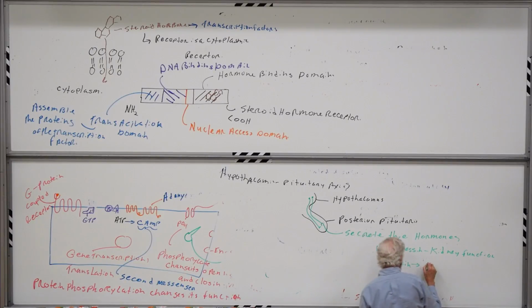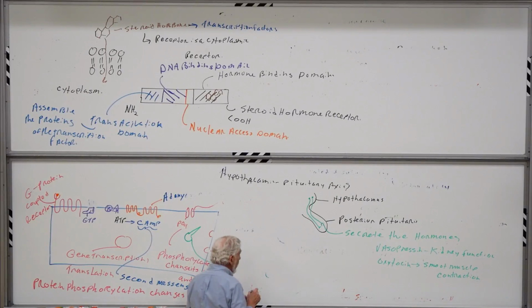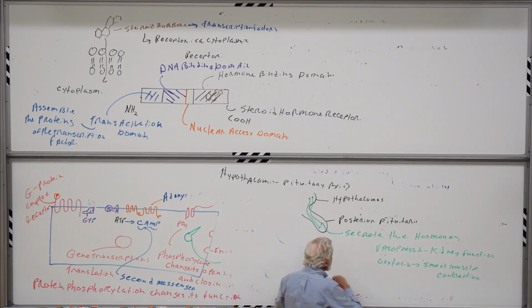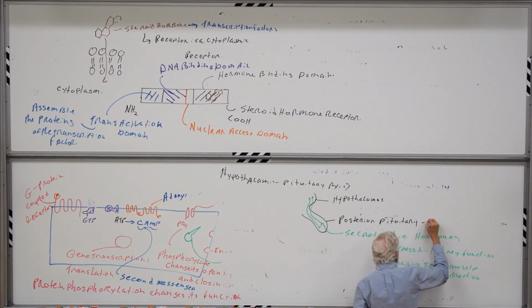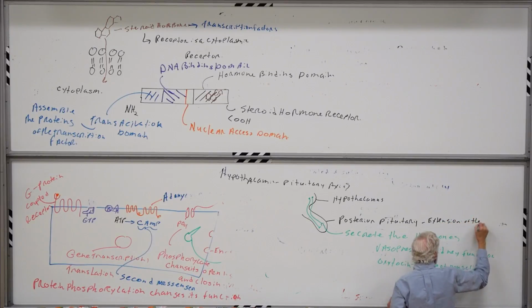And this is for smooth muscle contraction, particularly uterine smooth muscle contraction during parturition. The major idea here is the posterior pituitary is an extension of the hypothalamus.